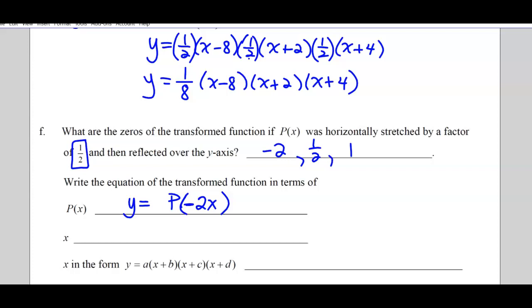Now, in terms of x, you substitute this back in for every x in your original p of x. So that means it's going to be -2x minus 4, -2x plus 1, -2x plus 2.